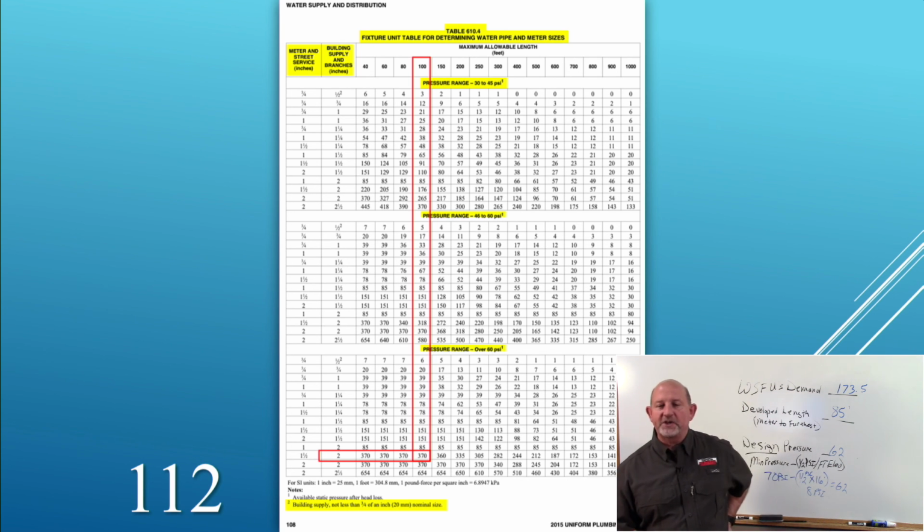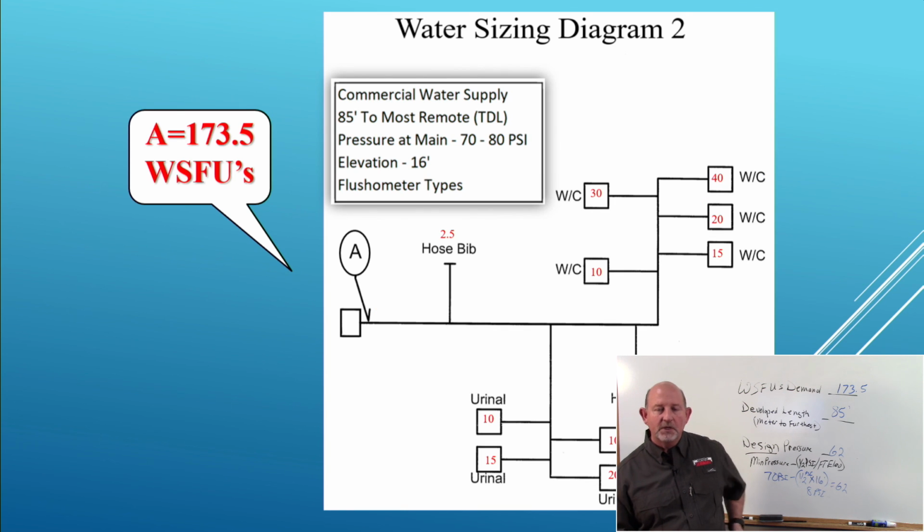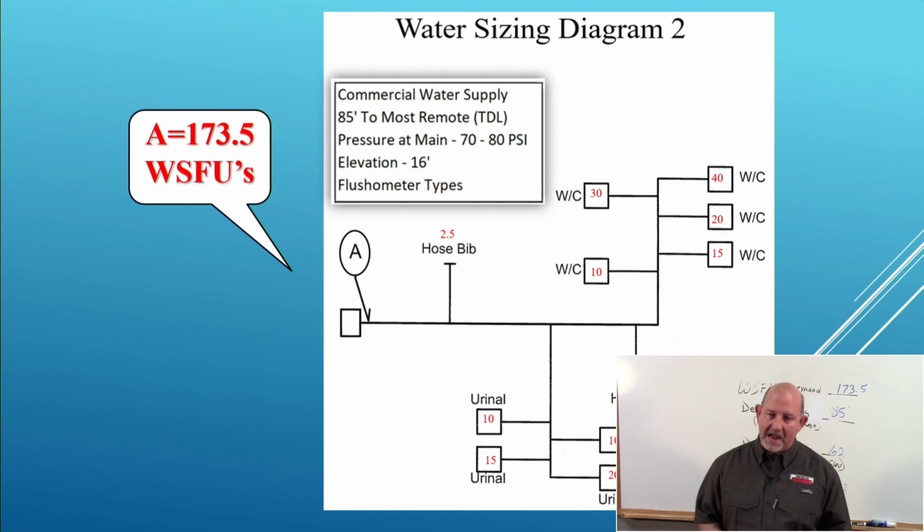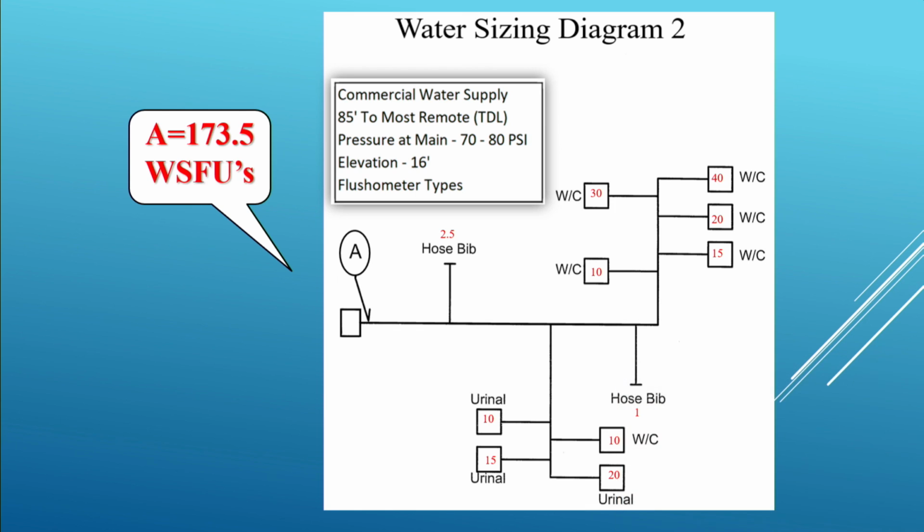Now let's look at that illustration one more time. That pipe that drops down, feeding 3 urinals and 1 water closet. If I was just sizing that one vertical pipe that drops down, feeds the 3 urinals and the 1 water closet, do you agree that 3 urinals are still worth 45, just like they were before? But do you agree now, if I was sizing that branch that drops, that water closet now will be worth 40? Is that right?